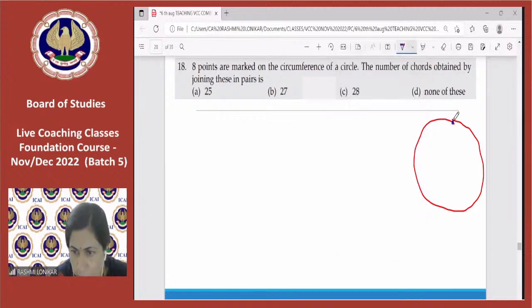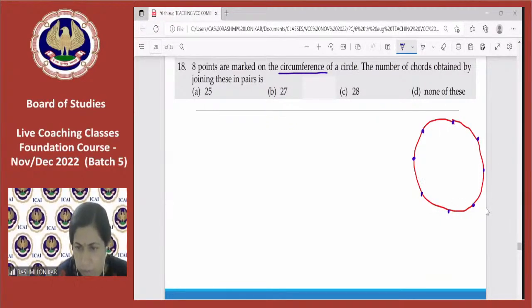I have points 1, 2, 3, 4, 5, 6, 7, and 8. So I have these 8 points. So 8 points are marked on the circumference.